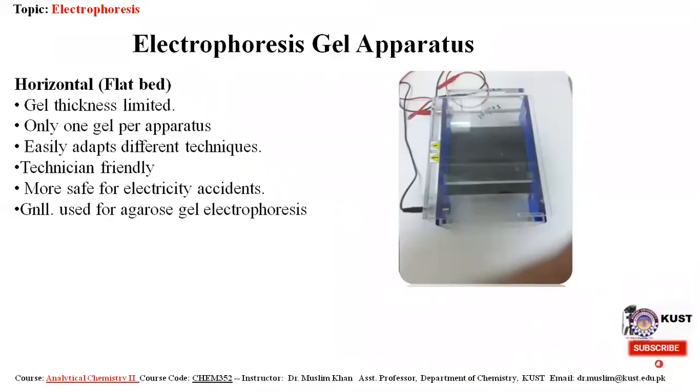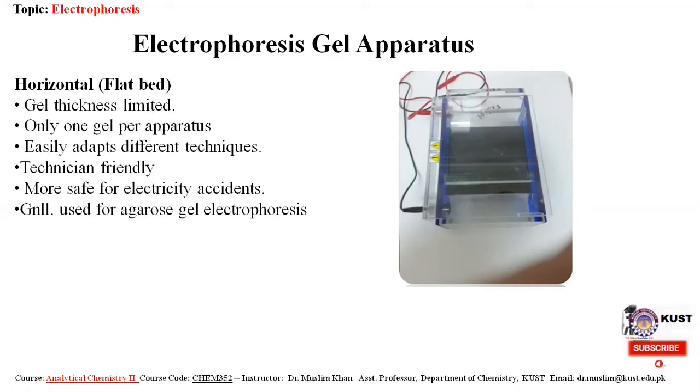So we have started gel agarose electrophoresis. This is the electrophoresis gel apparatus, this is how it looks. This is a flat bed, horizontal electrophoresis. In this one, gel thickness is limited, and only one gel per apparatus is used.